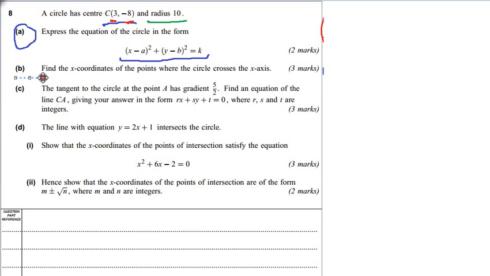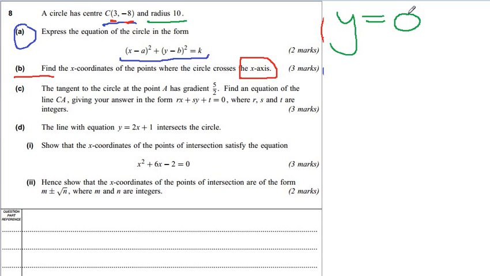Anyway, question B. Find the x-coordinates of the points where the circle crosses the x-axis. So, as you know, the x-axis is just a line across, going from left to right, and if you think about it, that line is y equals 0, because everywhere along the x-axis, y never changes, it is always 0.